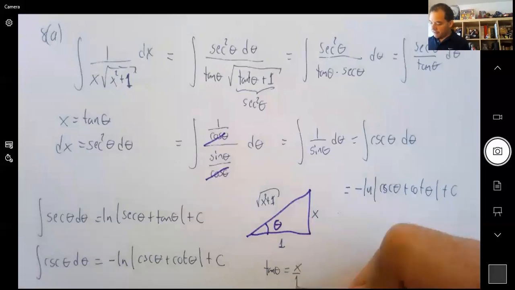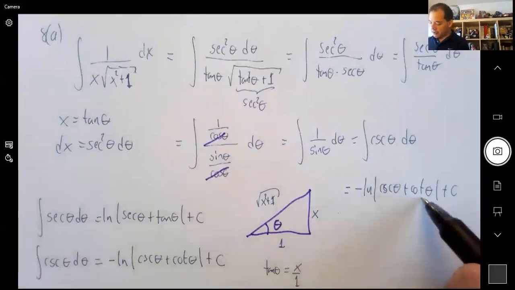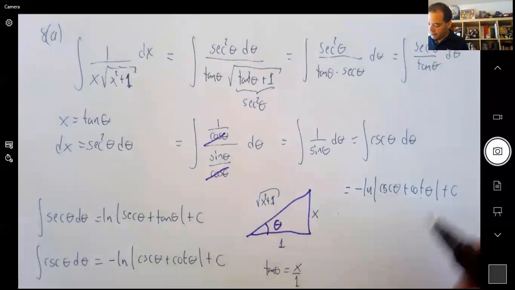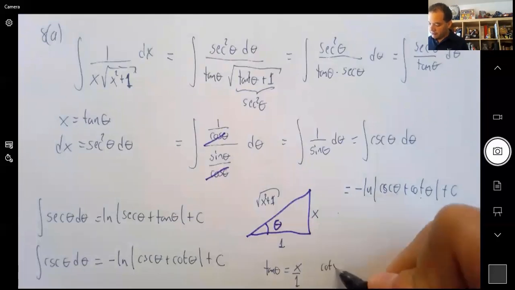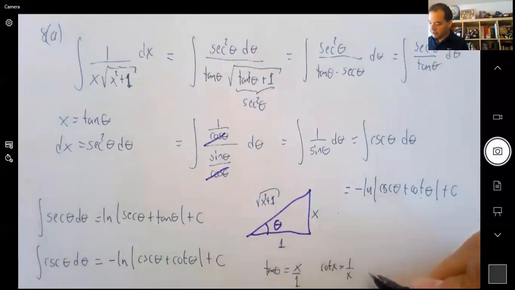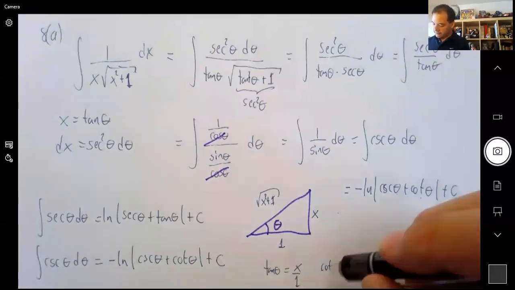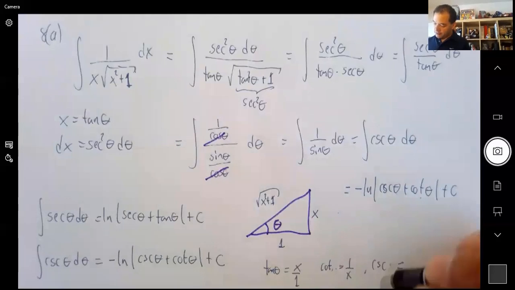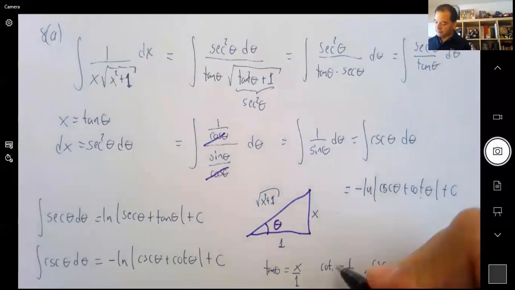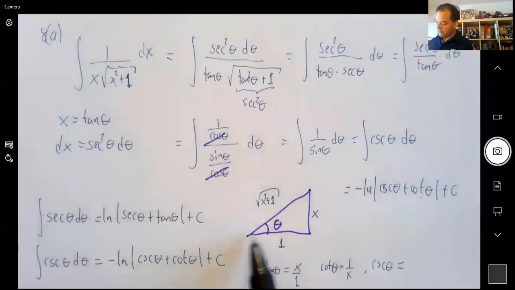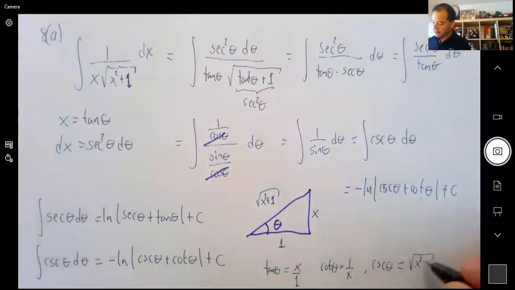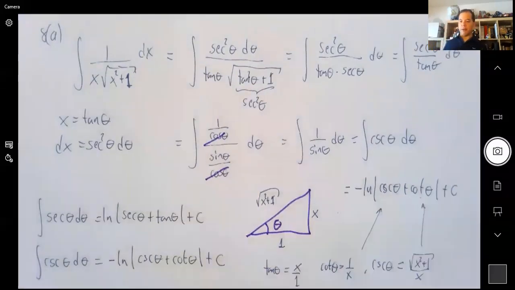And then now you can figure out what are cotangent and cosecant, right? So from here, cotangent is 1 over x, and cosecant will be the hypotenuse over the opposite. So square root of x squared plus 1 over x. And then you put those back in here, all right? I won't finish it up. I almost did, but you can do the rest.